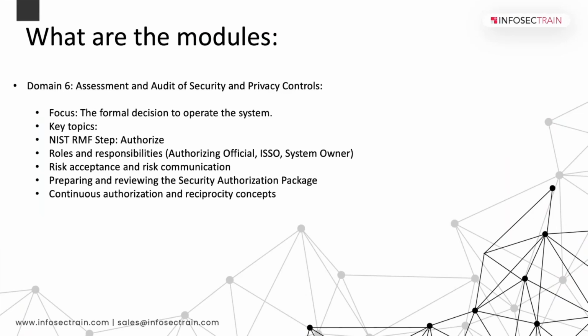We are going to conduct a security assessment, right? And once we have identified that the system is working perfectly and is not adding any new issues within our existing environment, we are going to provide that assessment report to the authorizing official, information system security officer or system owner, who will review that report and confirm that we can implement this system in the production environment. So that is what happens in domain 6, which is the assessment and audit of security and privacy control.